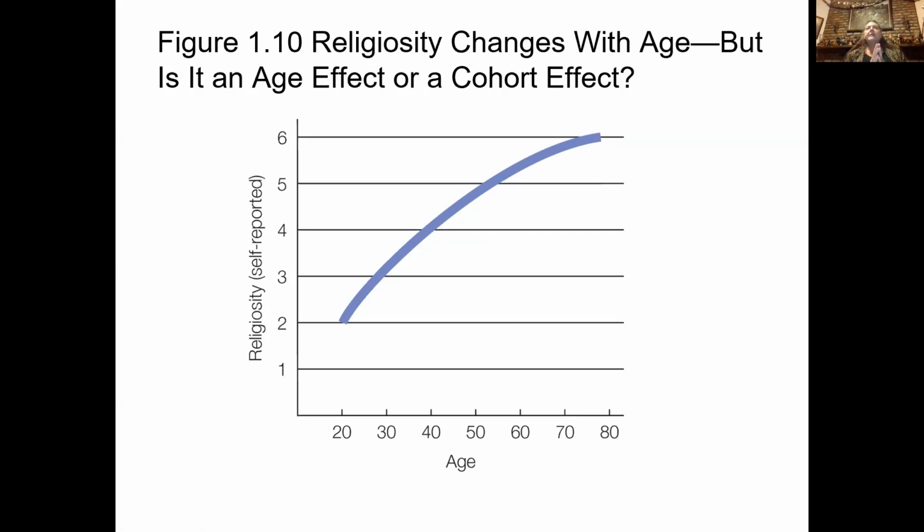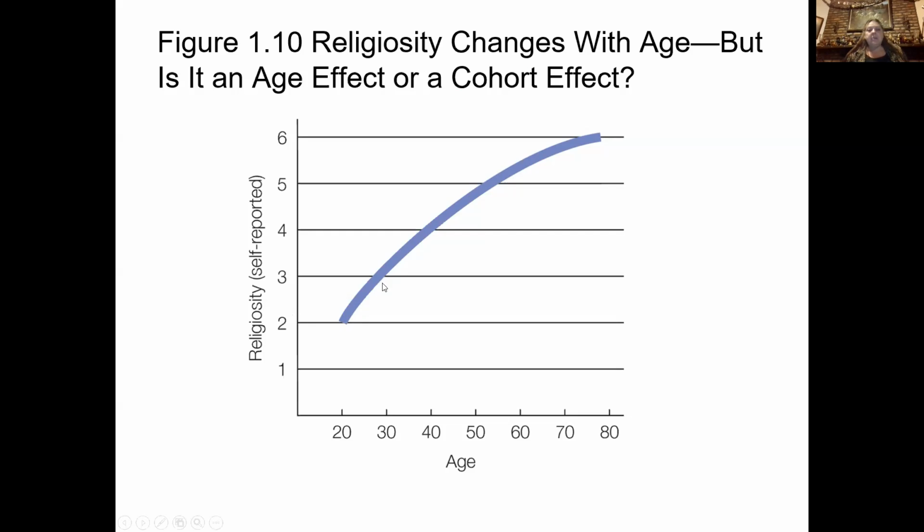Your cohort is that group that you go through life with. For example, millennials are a cohort that goes through time. Baby boomers are a cohort that moves through time together. They have similar generational experiences, and that generational type of experience can be what we call a cohort effect.